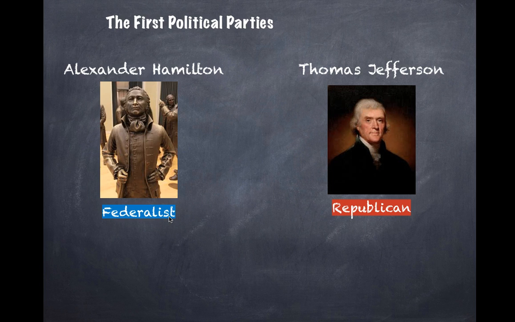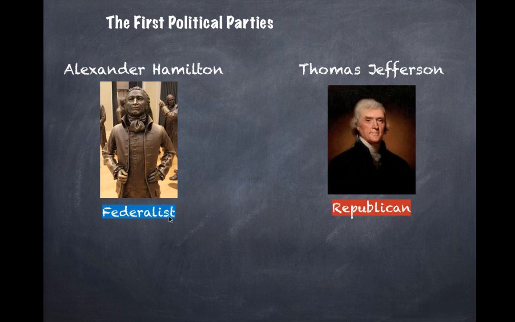Jefferson tended to side with what you would consider the more ordinary people, farmers, small business people. Hamilton sided more with the wealthier, bigger business, banking people of the United States.